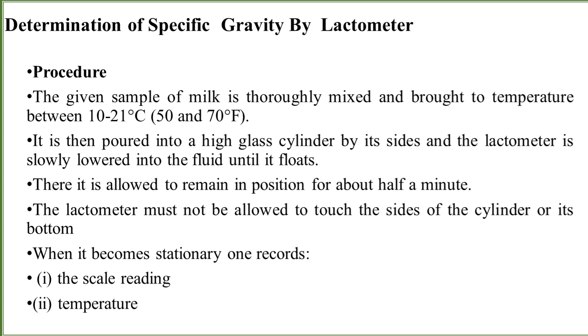It is then poured into a tall glass cylinder by its sides and the lactometer is slowly lowered into the fluid until it floats. There it is allowed to remain in position for about half a minute. The lactometer must not be allowed to touch the sides of the cylinder or its bottom. When it becomes stationary, one records the scale reading and the temperature.